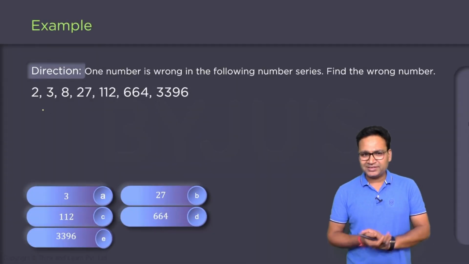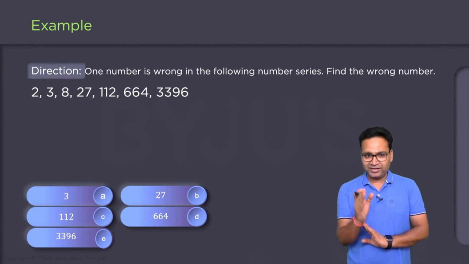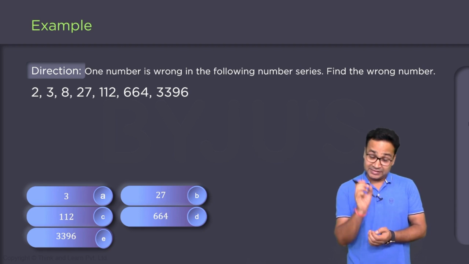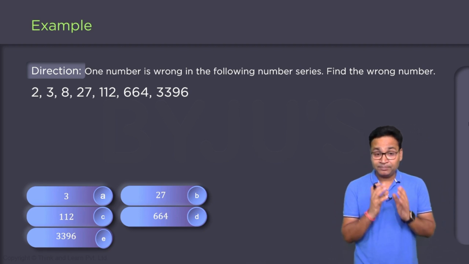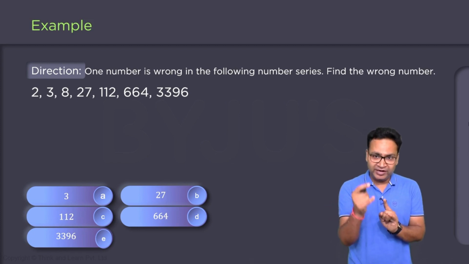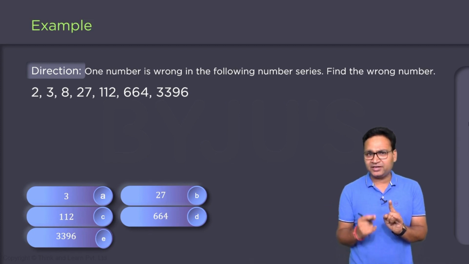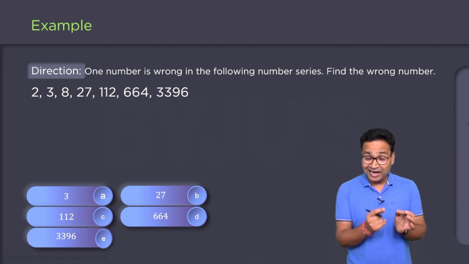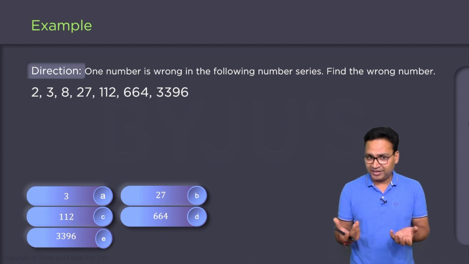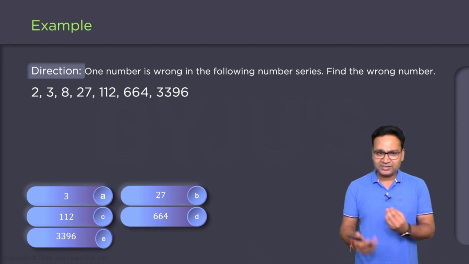If you look at this number series 2, 3, 8, 27, 112, 664, 3396. One thing is very obvious here, that the series is increasing very rapidly. And I have told you, whenever you identify a series is increasing rapidly, you start connecting the bigger numbers because it may be driven by some multiplications. So let me start connecting some bigger numbers.